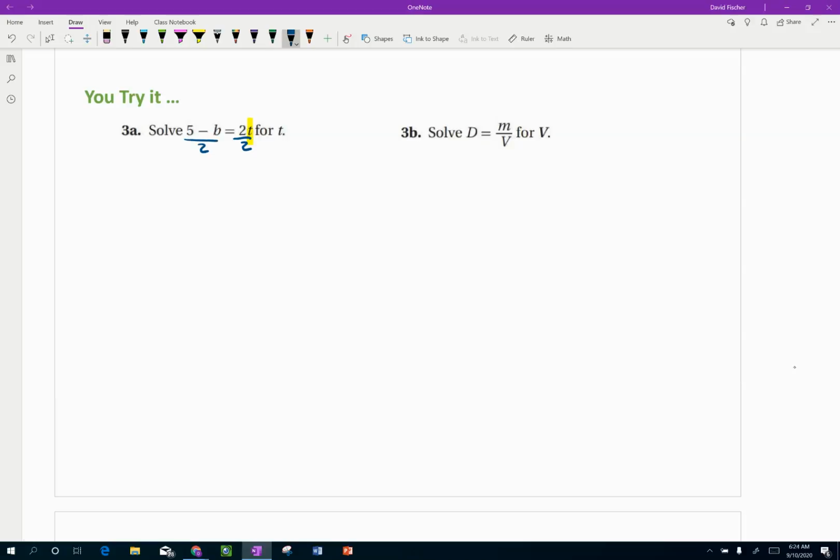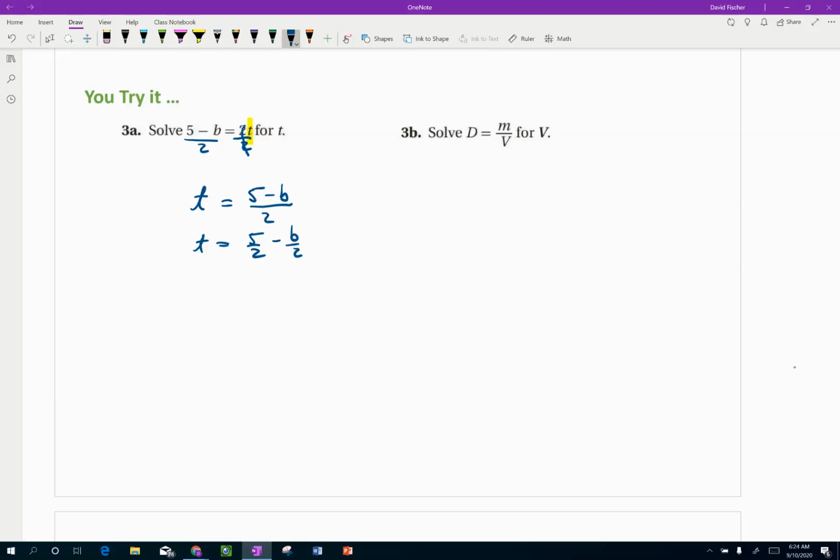Now, 2 ways you can write this. Well, first of all, the 2's cross out, so I have a t. Now, you could say 5 minus b all divided by 2. You could say t equals 5 divided by 2 minus b divided by 2, because everything on this side gets divided by 2.